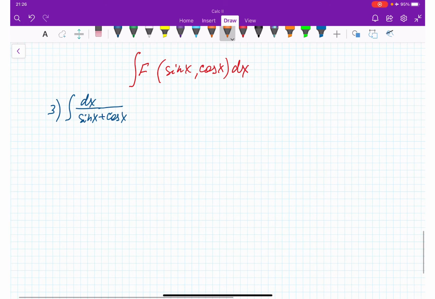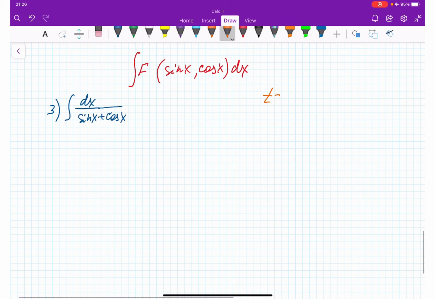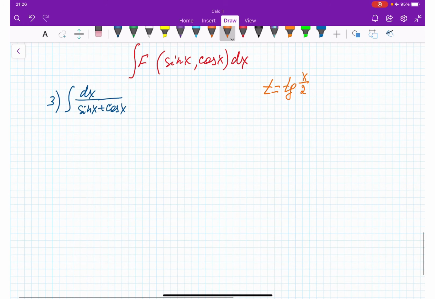T is equal tangent half of x. I would recommend to write down this substitution because it's going to be a longer calculation, so you will have it when we go back, so you can use it.